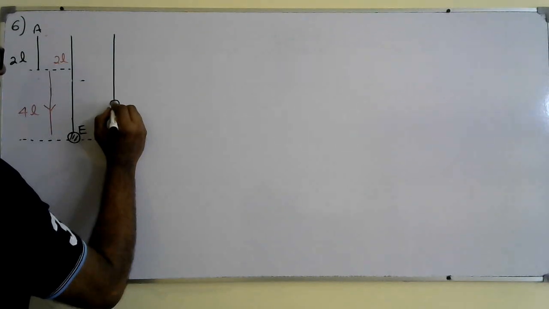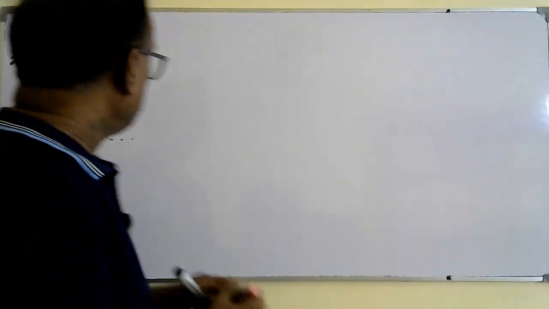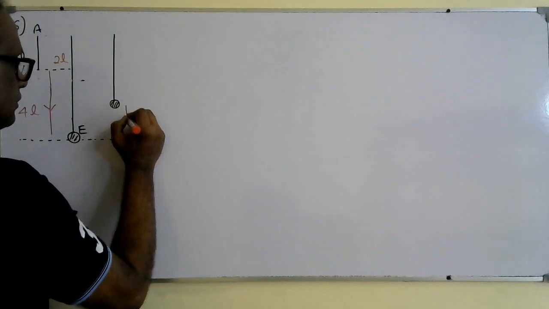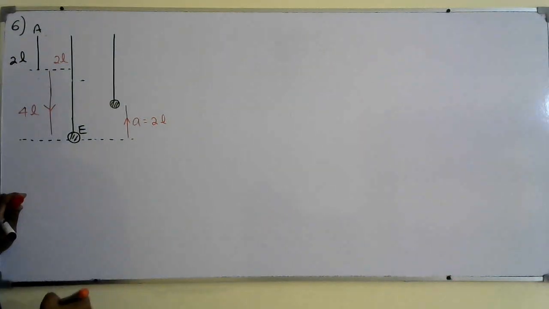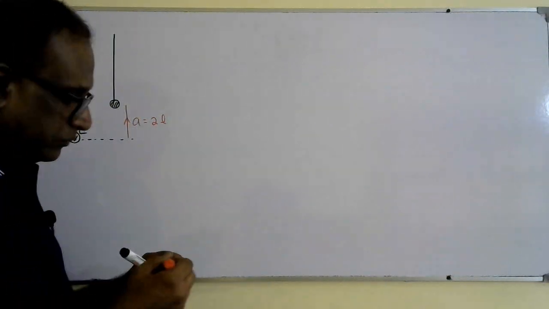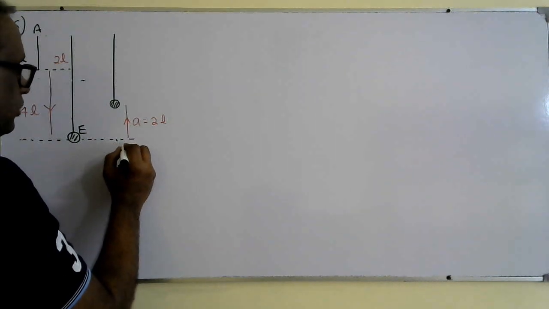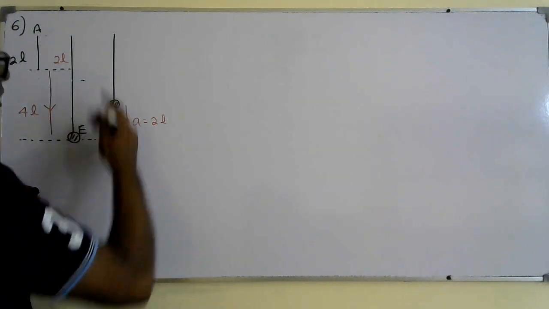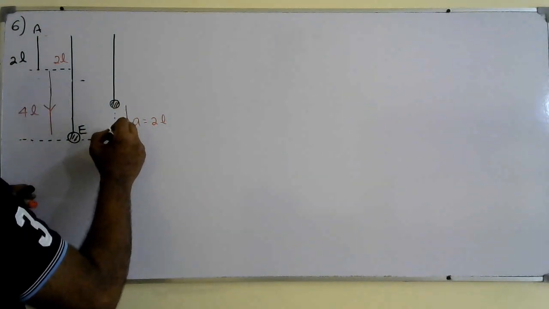It's raised to a height 2L from the equilibrium position, means that is going to be the amplitude. So this is the amplitude. Amplitude is going to be 2L. So when you release it, it will oscillate in simple harmonic motion about the equilibrium position. This is the equilibrium position, we can name it O. It will oscillate up and down with the amplitude 2L. So it will come up to 2L.